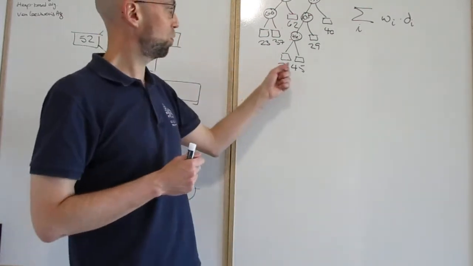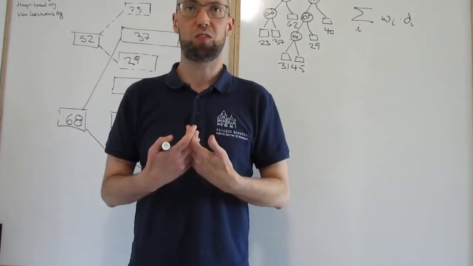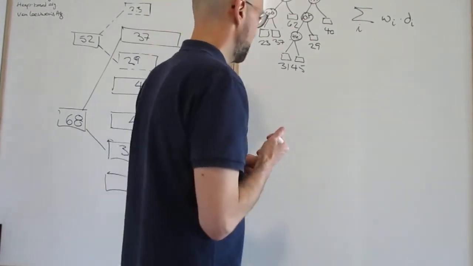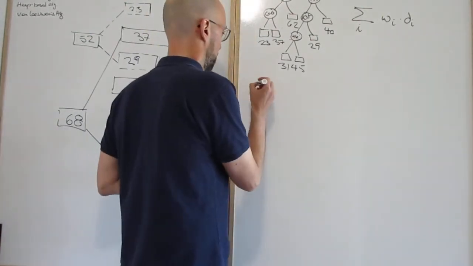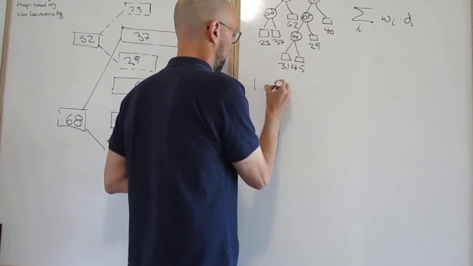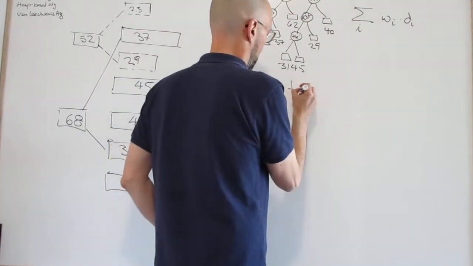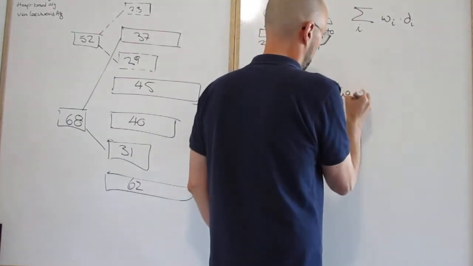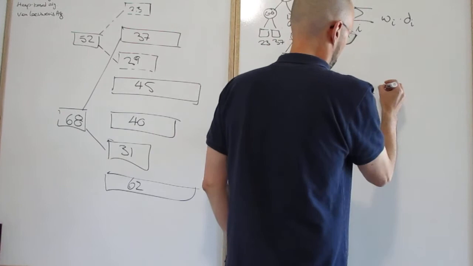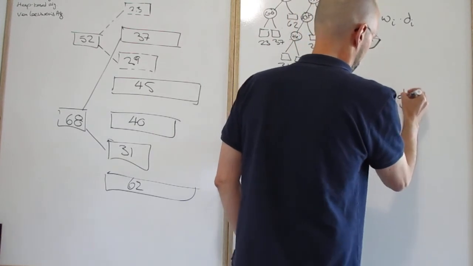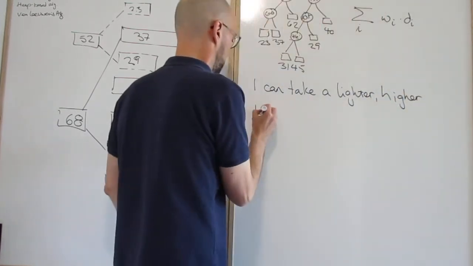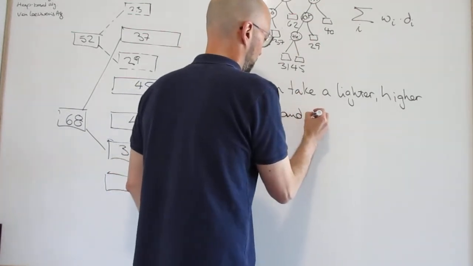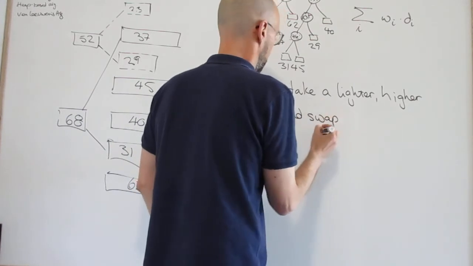Every element of this 45 is participating in more merges. So actually, what I can do is take a lighter, higher leaf, like 29, and swap it. Okay, actually that's not right.